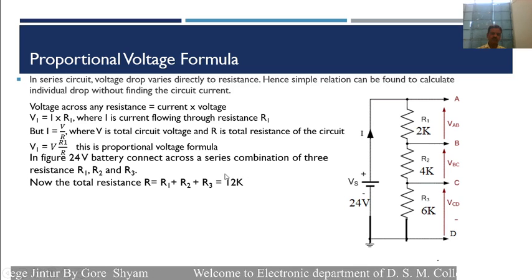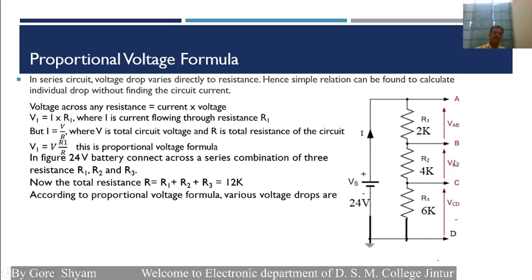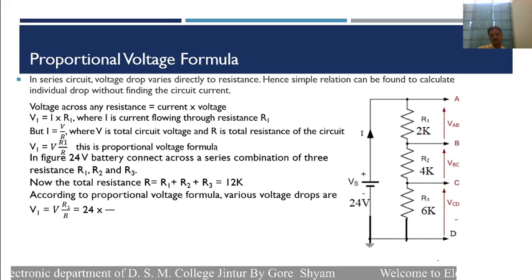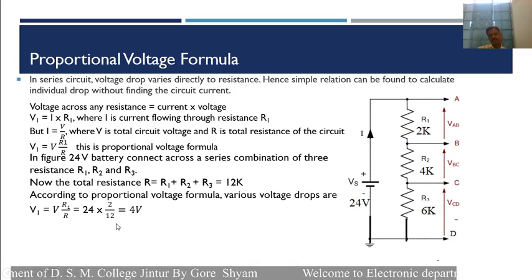Now this is the total resistance of this circuit, and according to the proportional voltage formula, we can find the voltage drop across any resistance. Let us find the voltage across this resistance, V1. V1 is equal to V into R1 divided by R, which is 24 into 2 divided by 12, equal to 4 volt.